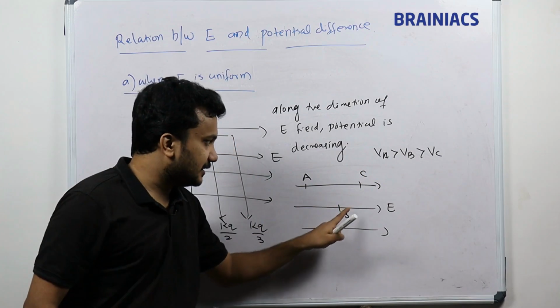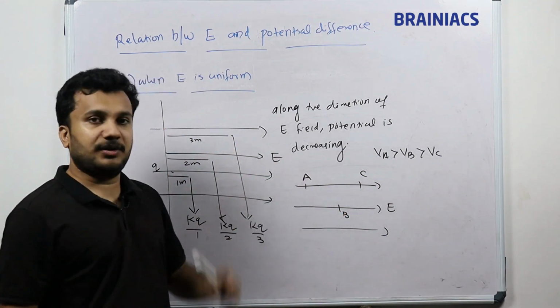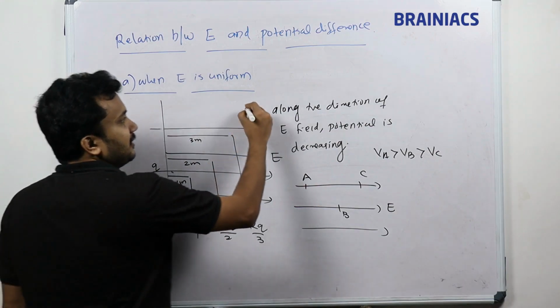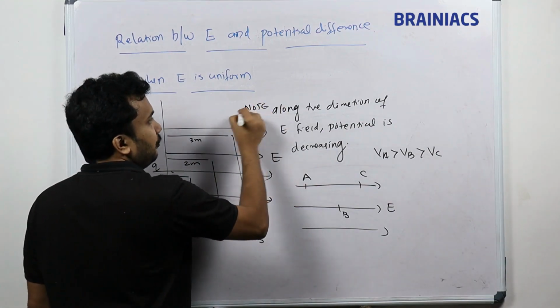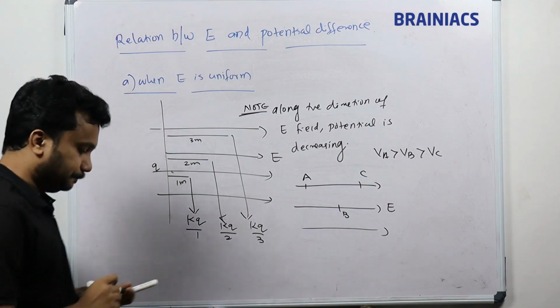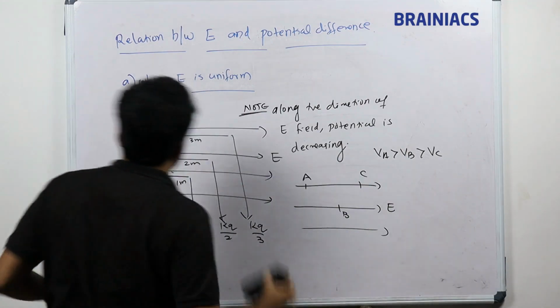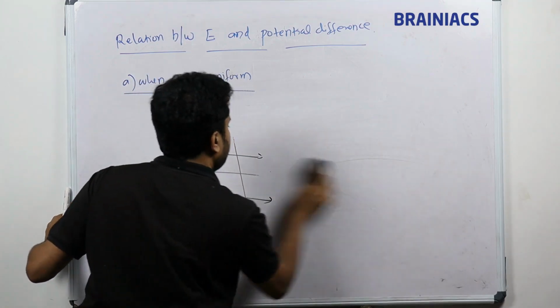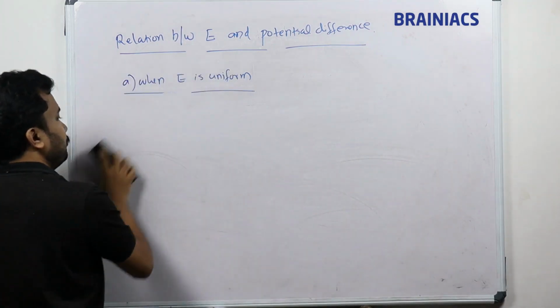C is lesser, B is higher, A is the highest. This is an important note you have to write in your notebook. Okay, then we'll move to one example to understand this concept more clearly.